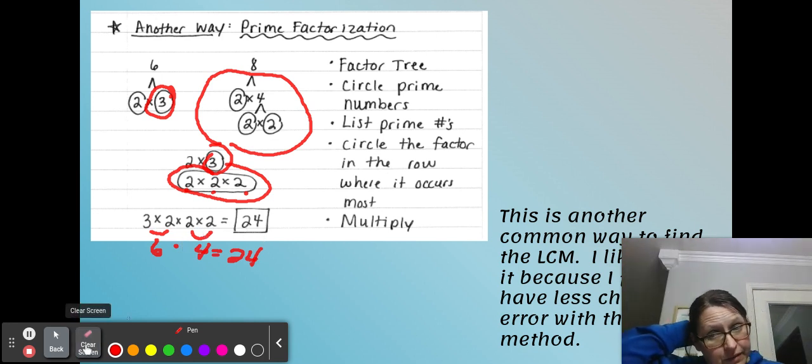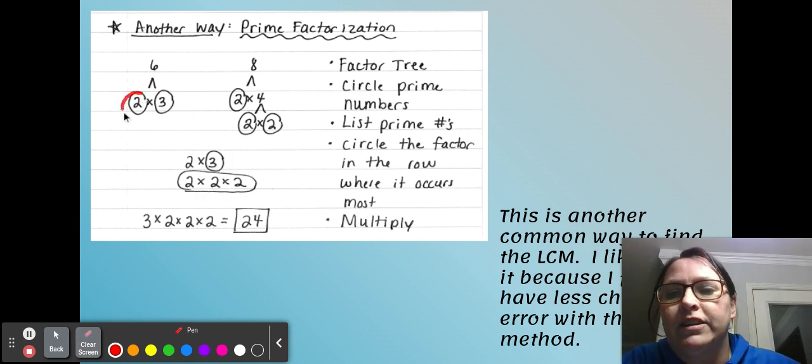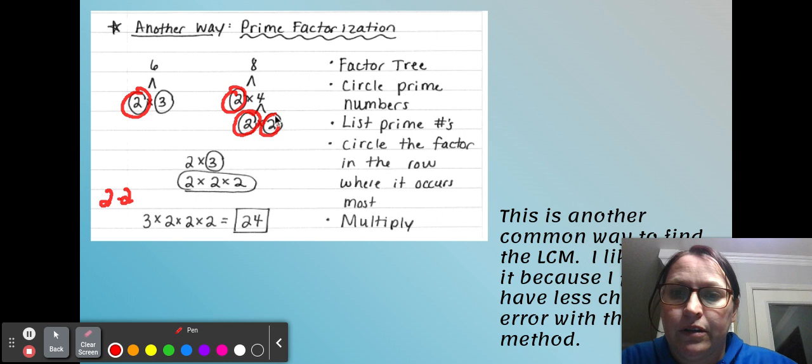The way I do it is I'll do the prime factorization, and then I'll say, okay, I have a 2. So I'm going to write down a 2. I have another 2. I'm going to circle it, and I'm going to write it down. I have another 2. Circle it, write it down.